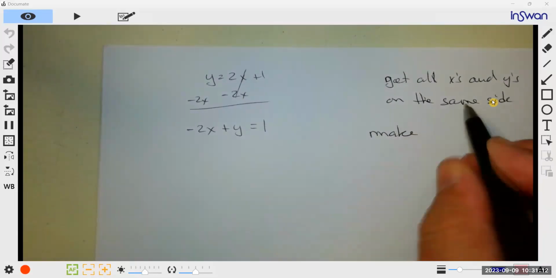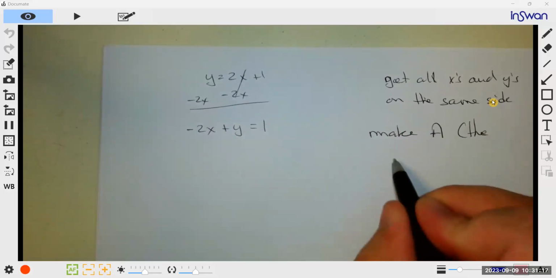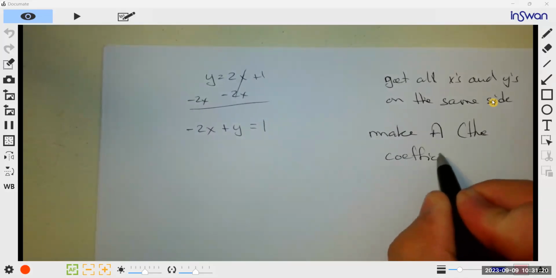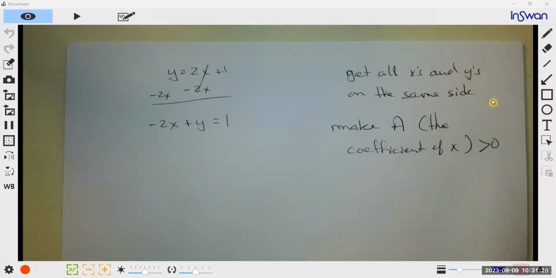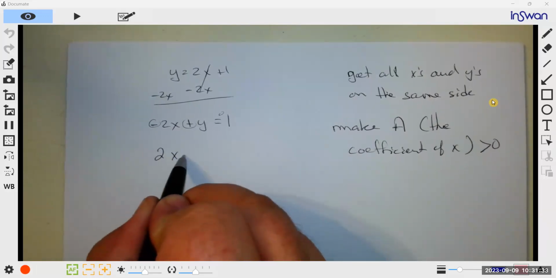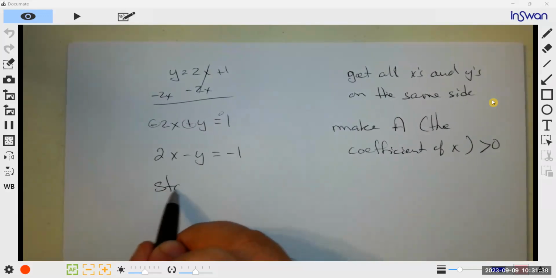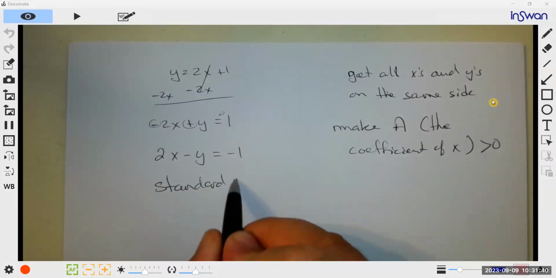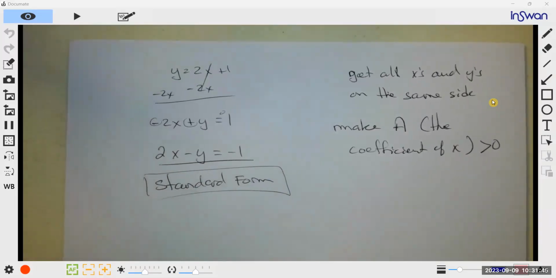Make A, the coefficient of x, greater than 0. Make it positive. Change the signs. I get 2x minus y equals -1. This is now in standard form. So that's how they all get derived.